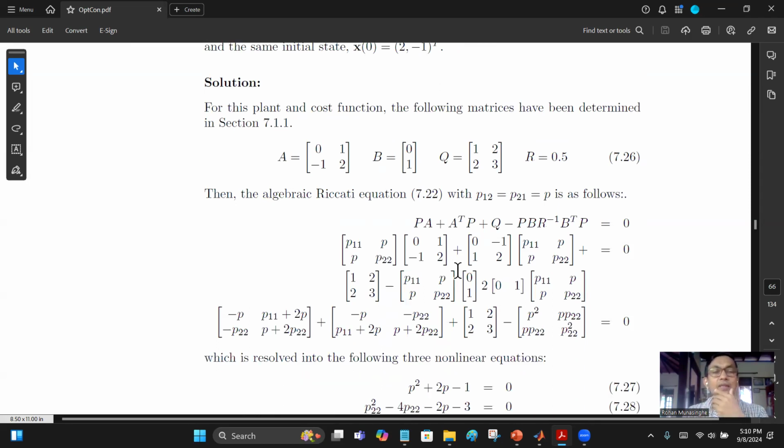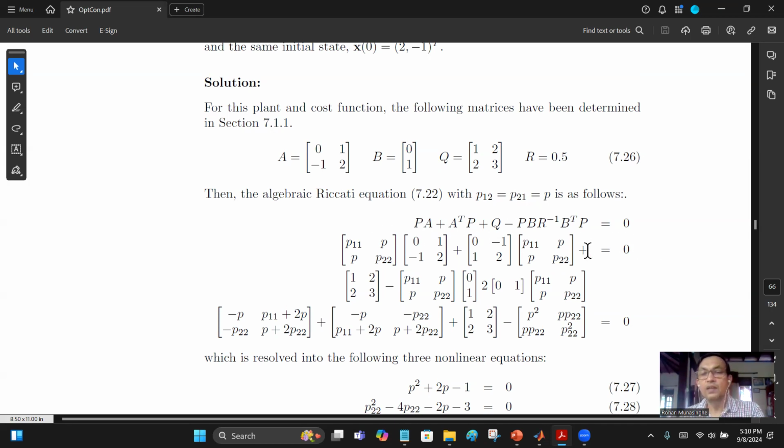For this plant and cost function, the following matrices have been determined in section 7.11, which is the earlier example. So this is the A matrix, B matrix, Q matrix, and R. They all remain unchanged. The algebraic Riccati equation 7.22, with P12 and P21 equal to P, these are the off-diagonal elements, I just put P here.